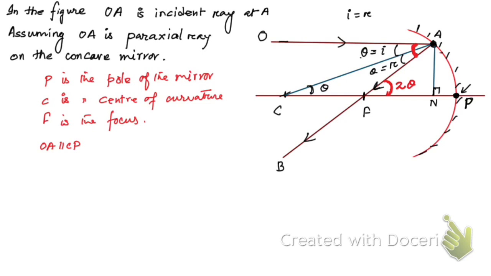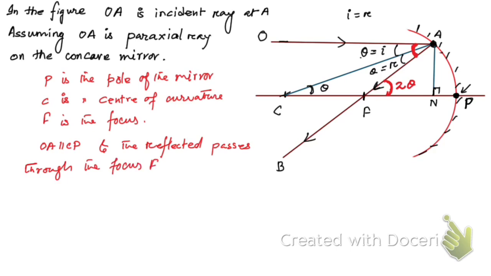Now the reflected ray passes through the focus F, right?